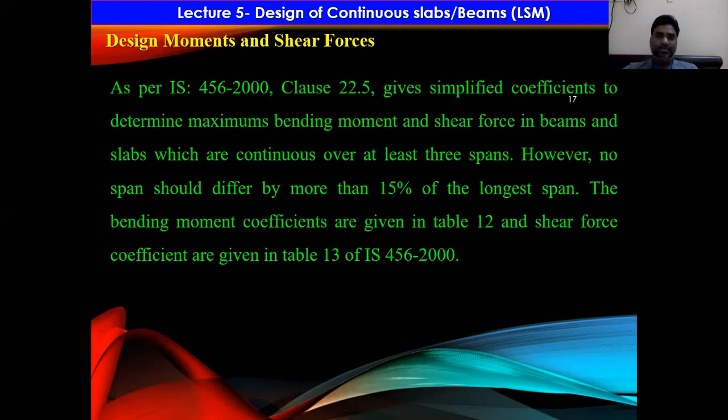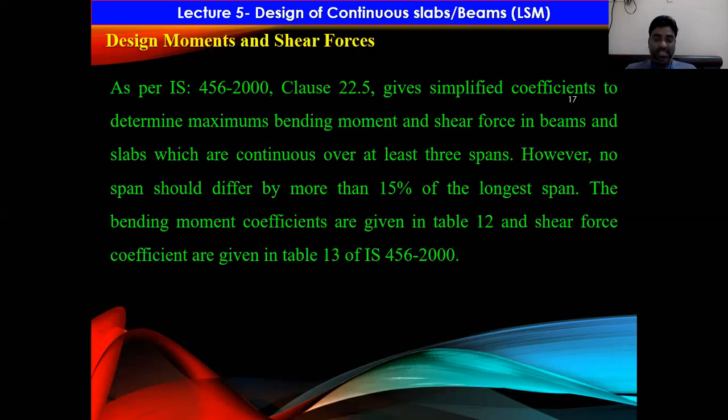So what does it mean? As per IS 456-2000, to determine the maximum shear forces and bending moments, or to design continuous slabs and beams, a simplified method is proposed, right? In terms of coefficients, that means maximum bending moment coefficients and shear force coefficients, which are presented in Tables 12 and 13.